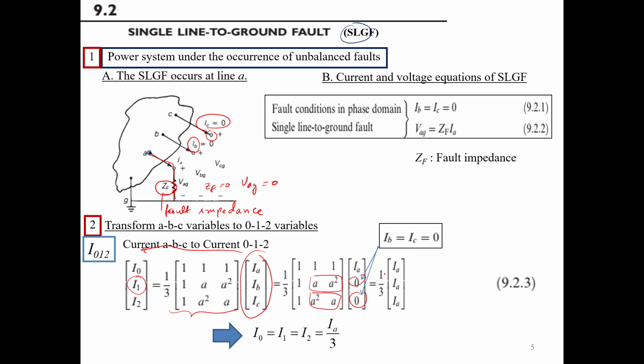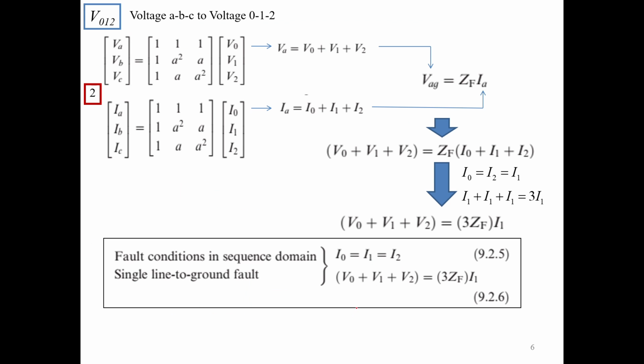So the result, I0, I1, I2, would become one third of IA. All entries are IA because the first entry of each row will be multiplied by IA, since these two are zero. So you can see that for this kind of fault, I0, I1, and I2 are IA divided by 3.